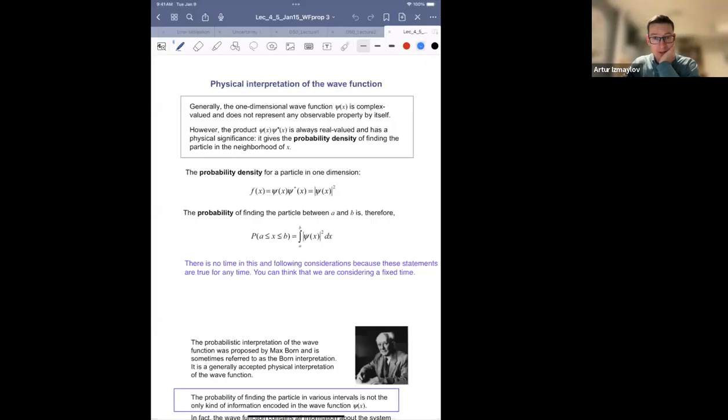All right, so if there are no questions, let's consider another part, which will be about the wave function, its properties and interpretation. Somewhat a repetition of things that I already said earlier.